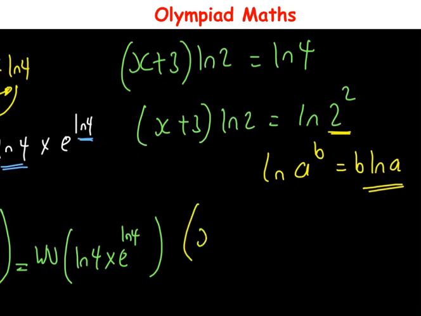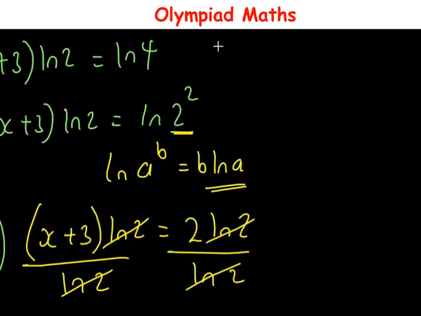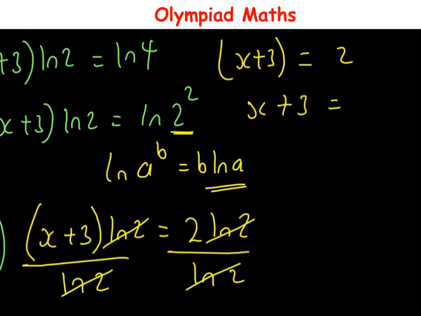Applying this rule, we have (x + 3) multiplied by ln 2 is equal to 2 times ln 2. At this junction, divide both sides by ln 2. What we have is x + 3 is equal to 2.